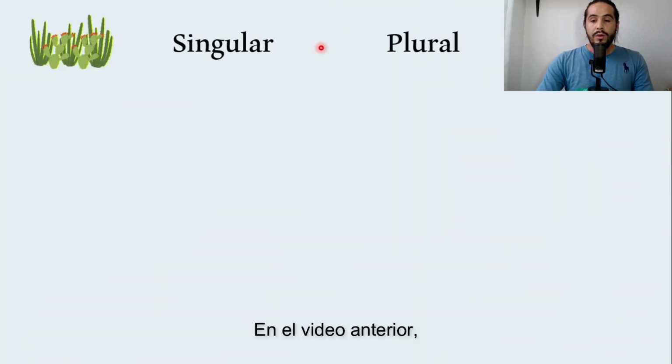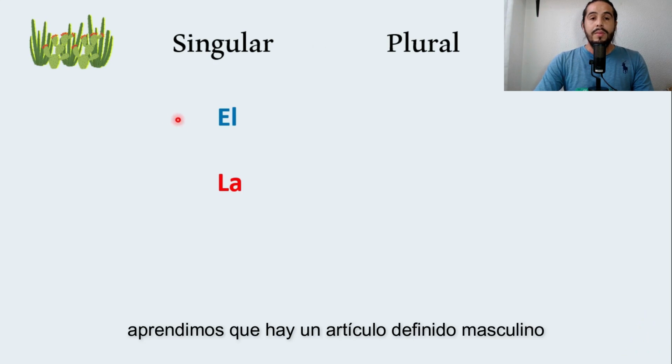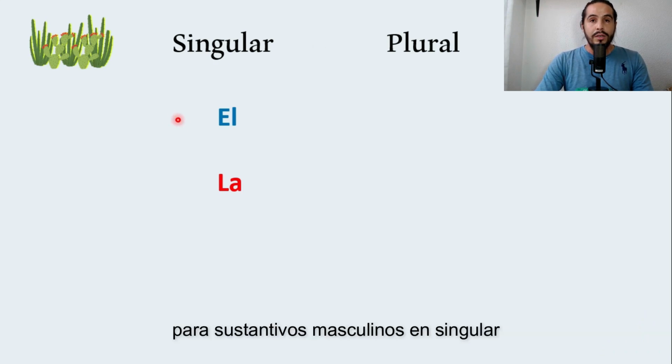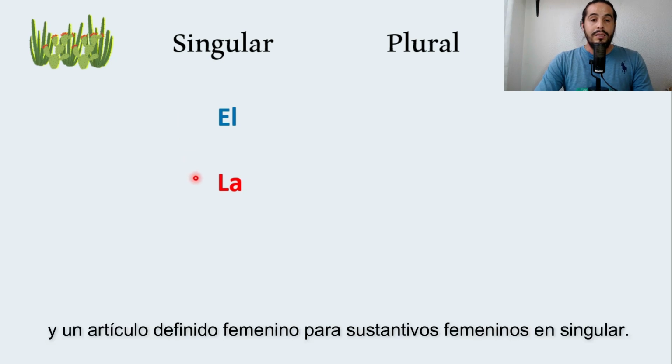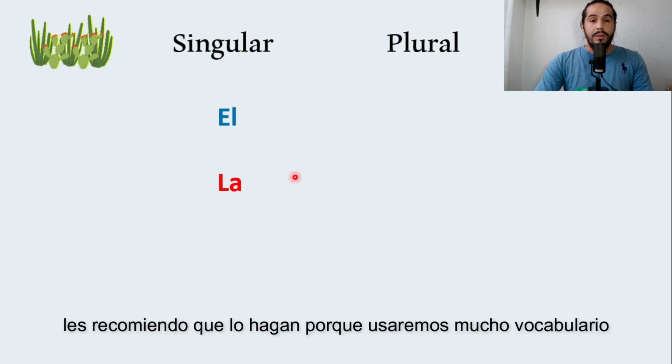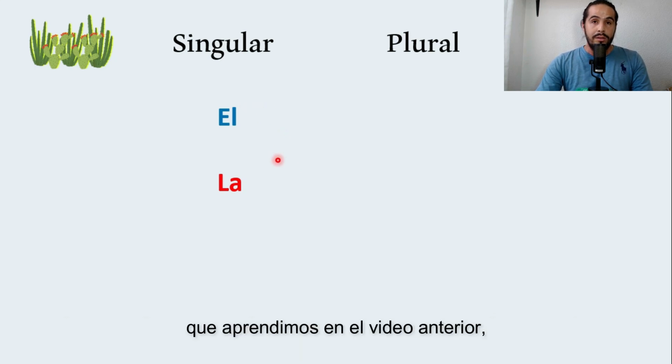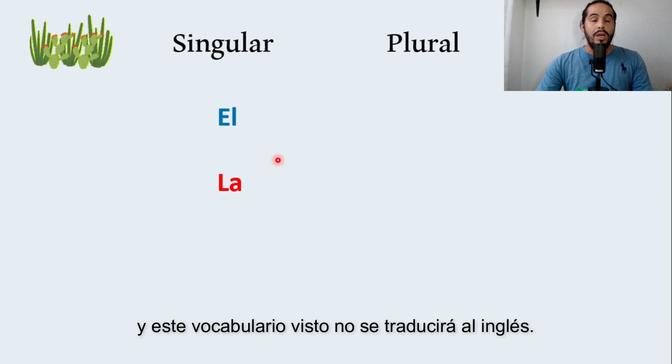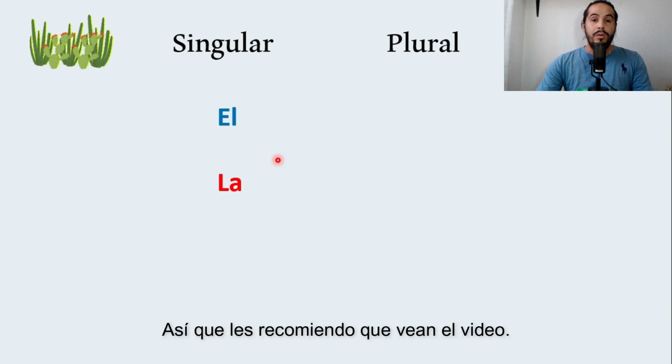In the previous video, we learned that there is a masculine definite article for singular masculine nouns and a feminine definite article for singular feminine nouns. If you haven't watched this video, I recommend you to do it, because we are going to be using lots of vocabulary that we learned in the previous video, and this vocabulary will not have its translation into English, so I recommend you to watch the video.